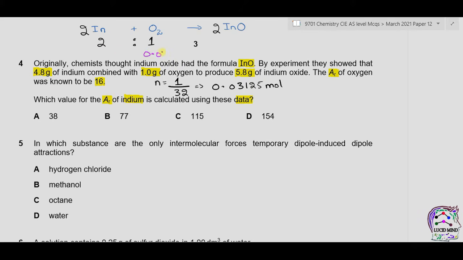So 0.03125 moles of oxygen will need X moles of indium to form indium oxide. Now we can find X by cross multiplying. X is equal to 0.03125 into 2. It comes equal to 0.0625 moles of indium.